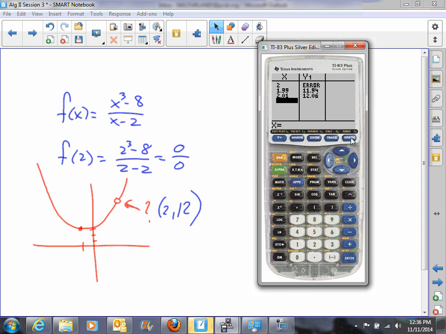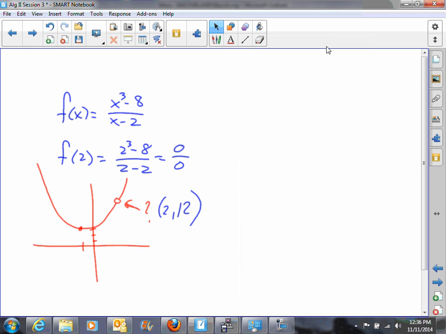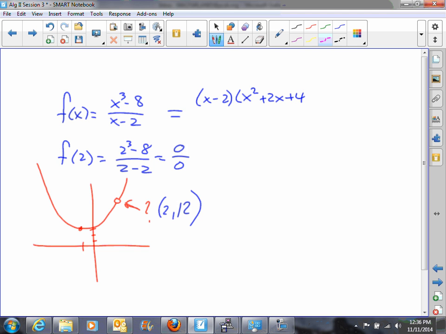Now, you can also locate this algebraically, and we'll spend more time on this later, but for right now, just remember, x cubed minus 8 is actually the difference of two cubes. It factors into x minus 2 times x squared plus 2x plus 4. And we've got an x minus 2 on the bottom.